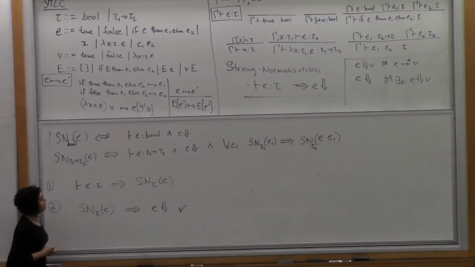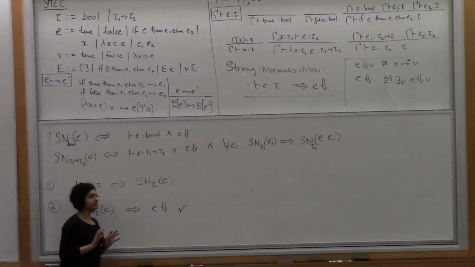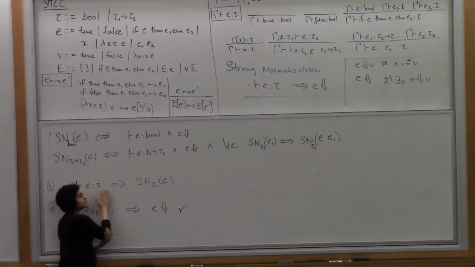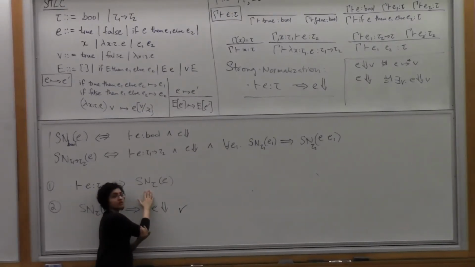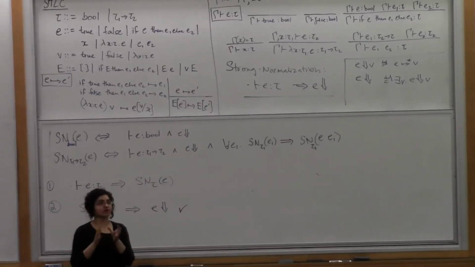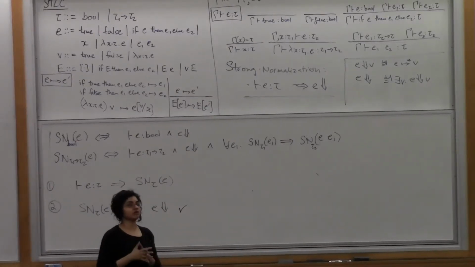But basically, Sn is just a way of strengthening our induction hypothesis so that we can prove that any well-typed term does, in fact, belong to the set Sn at the appropriate type. Does that make sense? Every well-typed term must belong to this set or this model that we built.